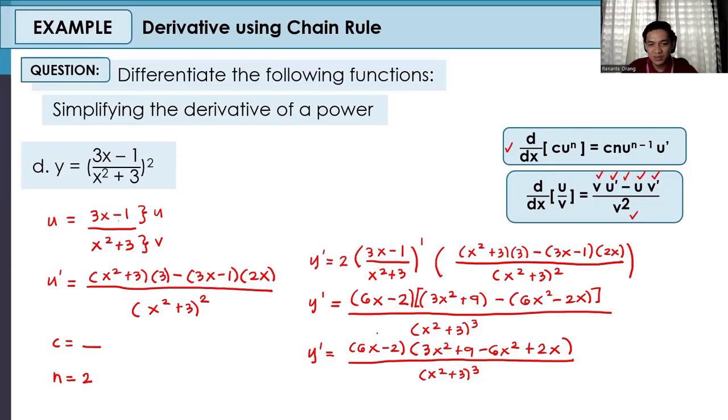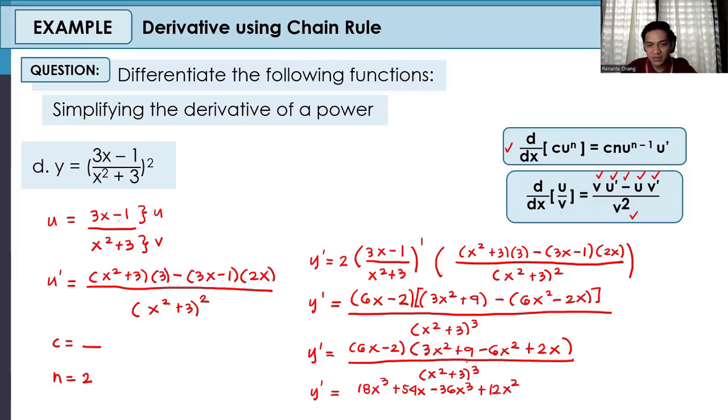Next thing we need to do is to distribute everything inside. y prime is equivalent to 6x times 3x squared is 18x cubed. 6x times 9 is 54x. 6x times negative 6x squared is negative 36x cubed. 6x times 2x is positive 12x squared.